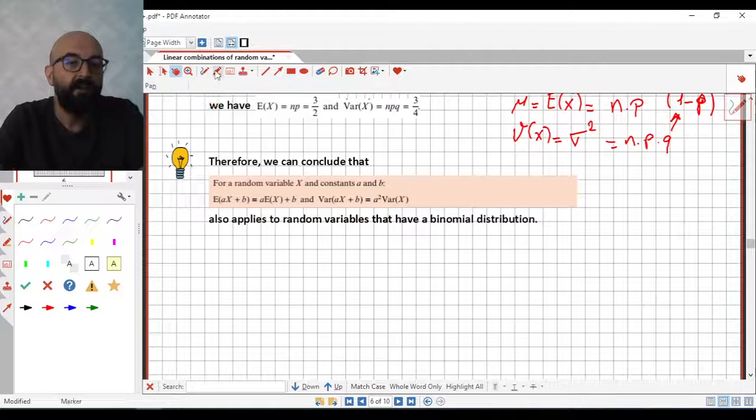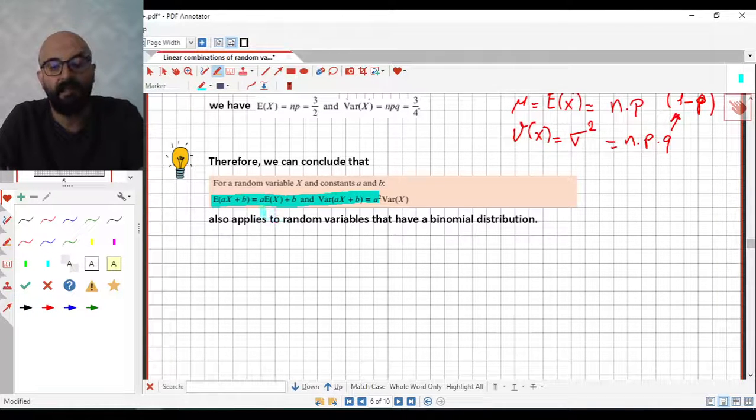Therefore we can conclude that for a random variable X and constants a and b, the expected value of aX plus b is a multiplied by the expected value of X, plus b.